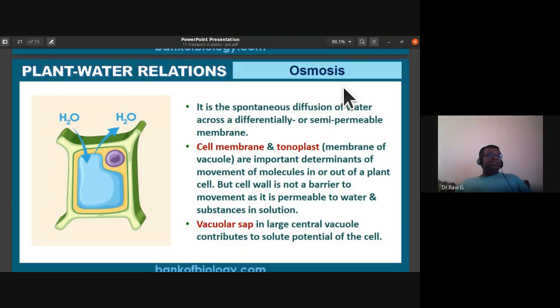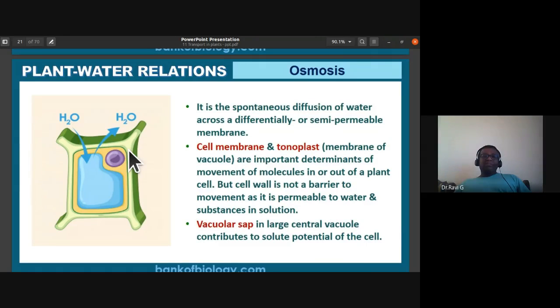There is no expenditure of energy. Osmosis can also take place in non-living components. It is not that it takes place only in living components.